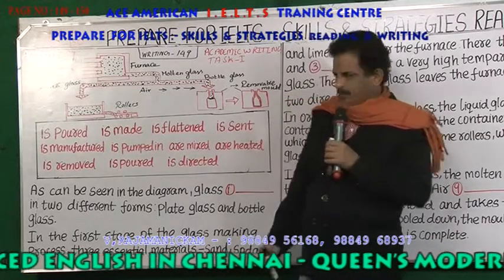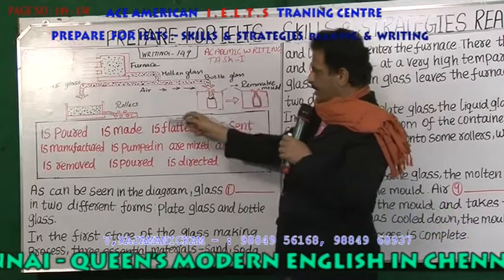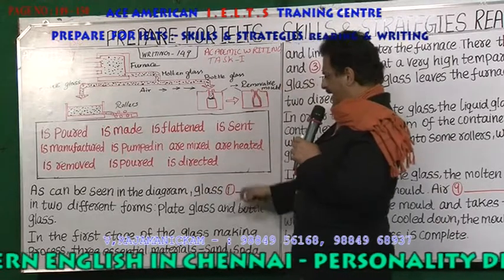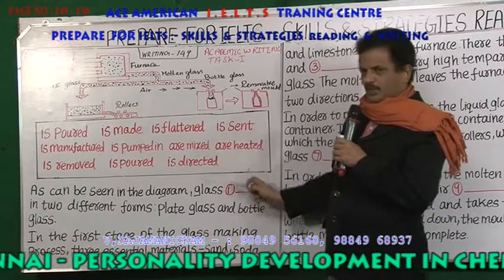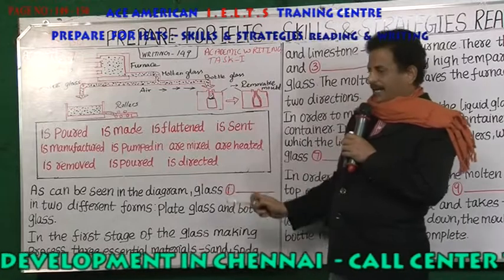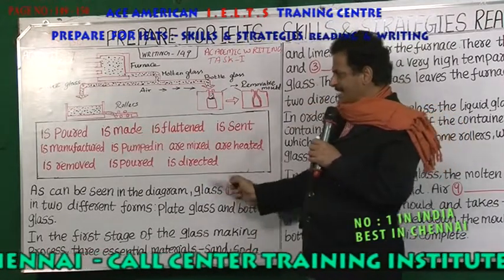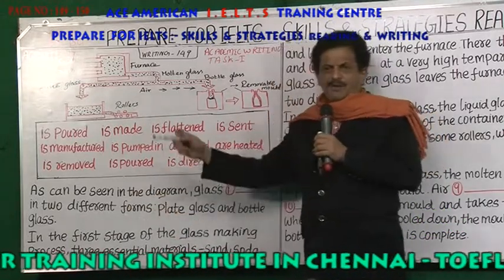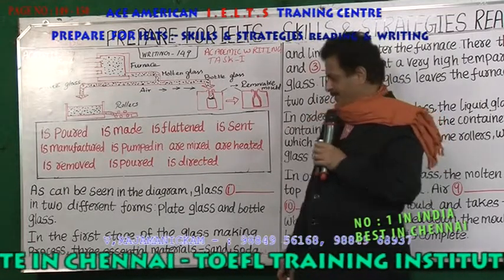Able to understand? So coming here, the explanation, as can be seen in the diagram. So how the writer goes in for writing and how you have to write. As can be seen in the diagram, glass, number one, what is the word you have to choose? You can use glass is made, glass is manufactured, in two different forms.